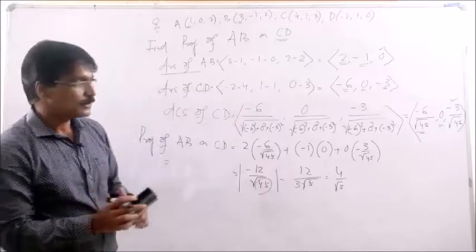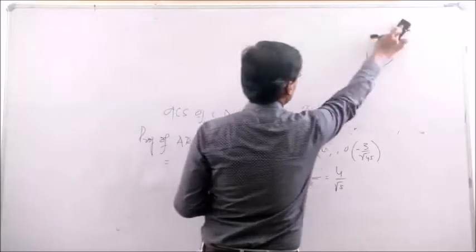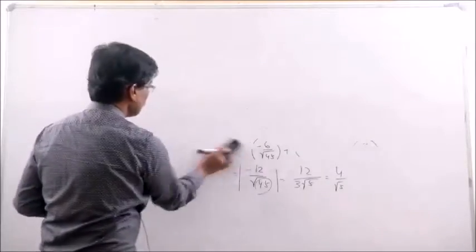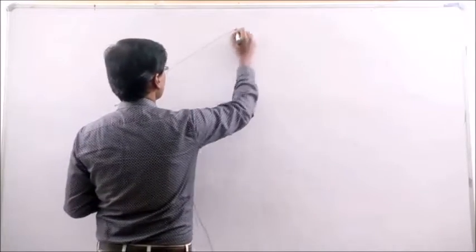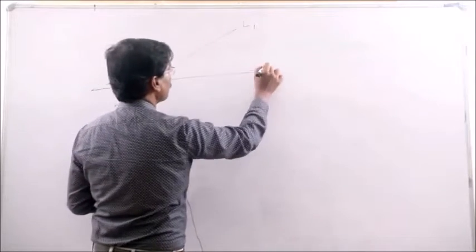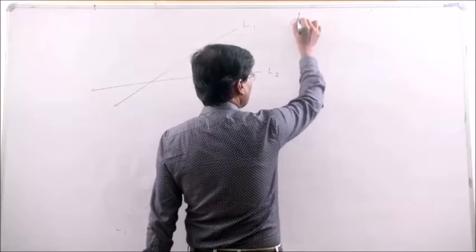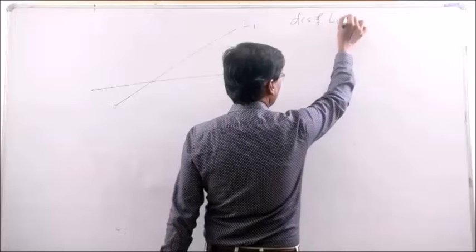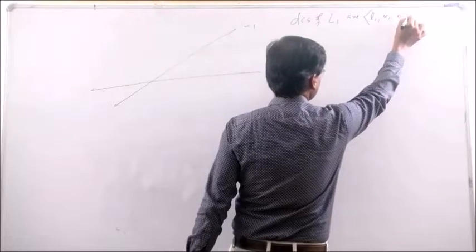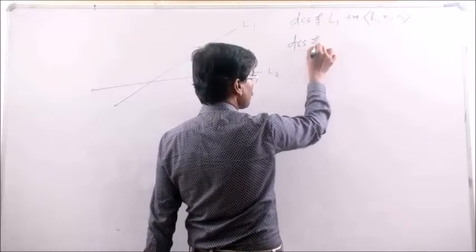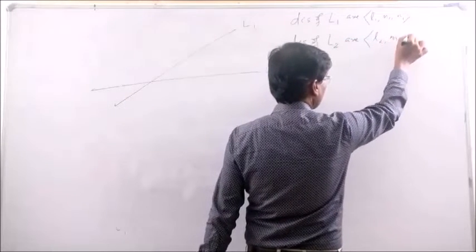So, one of its applications of projection is angle between two lines. Suppose L1 and L2 are two lines, and direction cosines of L1 are l1, m1, n1, and direction cosines of L2 are l2, m2, n2.